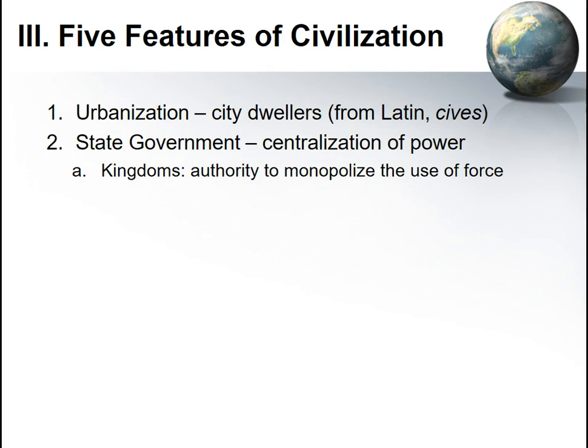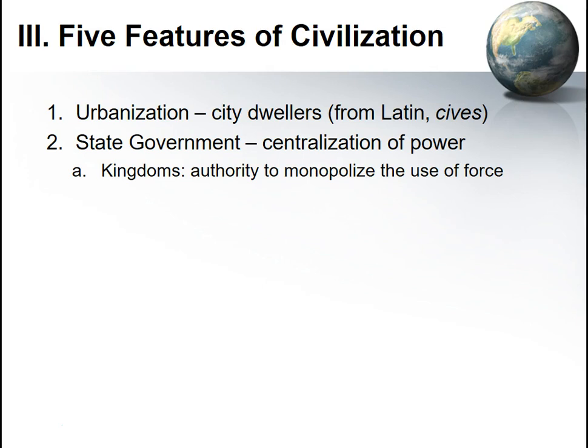Kings, on the other hand, are different because they have the monopoly on the use of force to get people to follow whatever rules they want to set up as part of their power. So even if a king doesn't exactly use force on his own people, it's the threat of force that is the basis of his power.